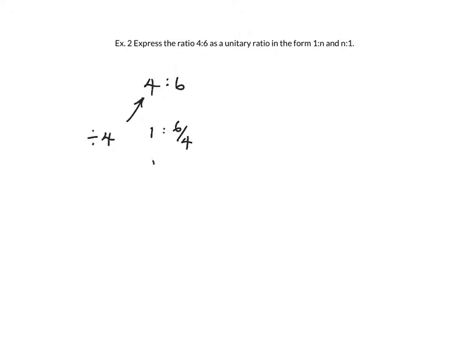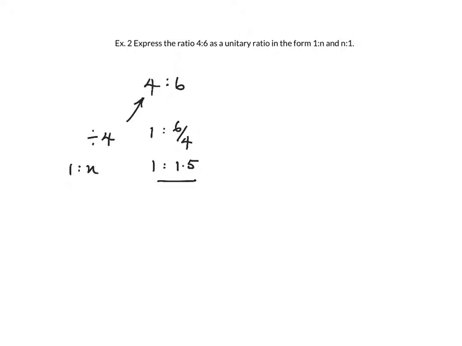And 6 over 4 can be written as 1.5. So there's the first unitary ratio, where the first number is 1. That's in the form 1 to n.